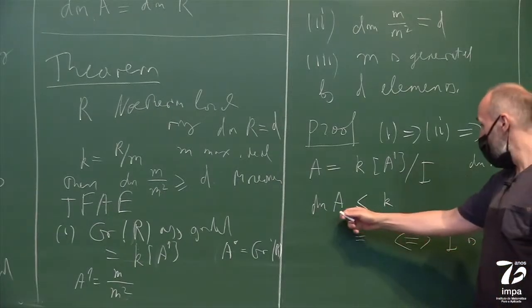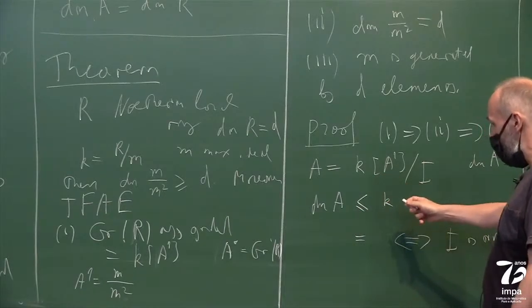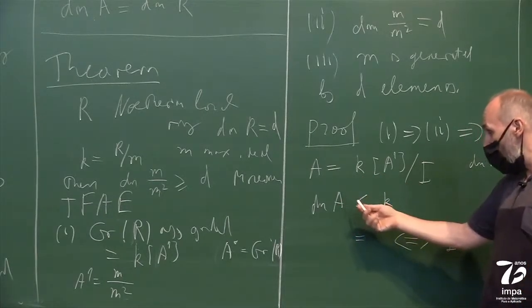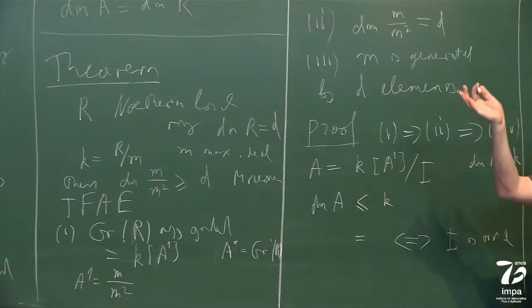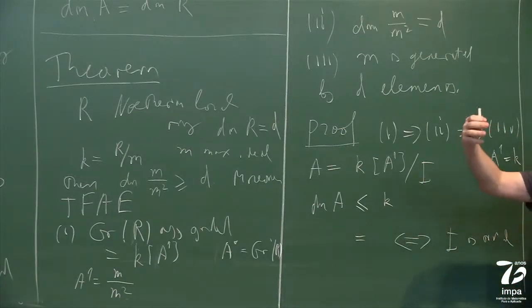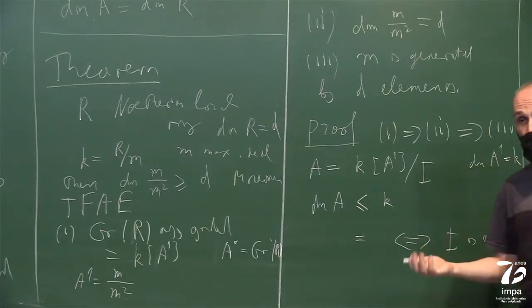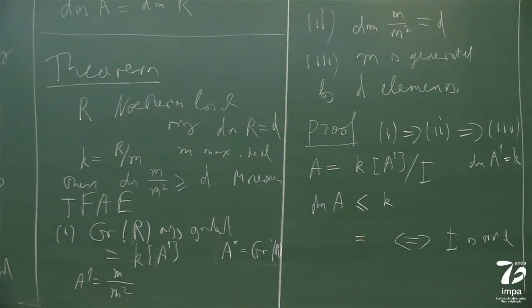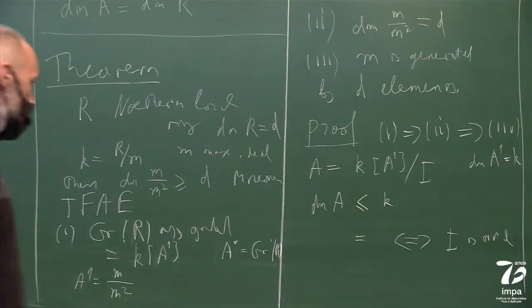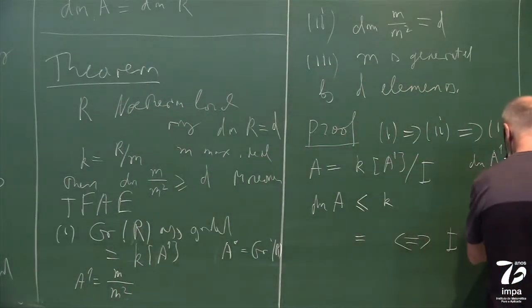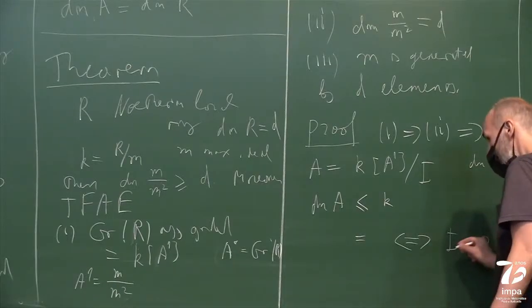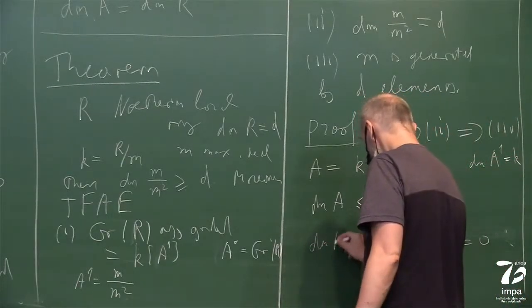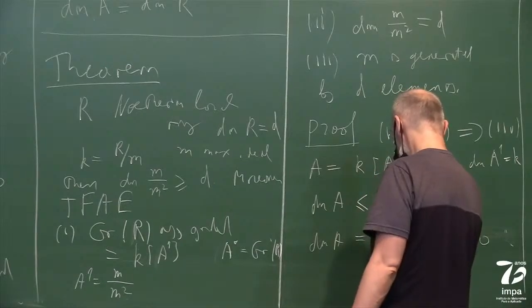First, the dimension of the polynomial ring is K. And if you take a quotient of the polynomial ring by any polynomial which is non-zero, you immediately obtain a smaller dimension, because the tensorial dimension is smaller. And we know that Krull dimension is equal to tensorial dimension, at least for a finitely generated ring over a field. This we know. So I equals 0 if and only if the dimension of A is equal to K.